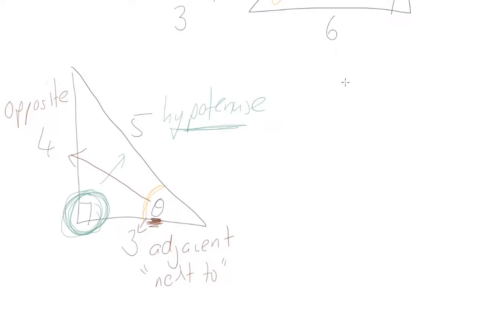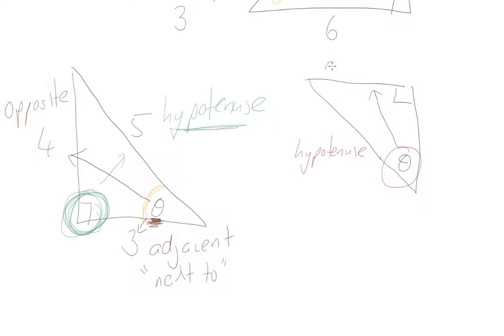If in any triangle we have theta in here, labeling our sides, we have this side here, it's going to be the hypotenuse. Opposite the angle, that's my angle there, opposite's going to be over here. And our last side is next to the angle, we call that the adjacent.